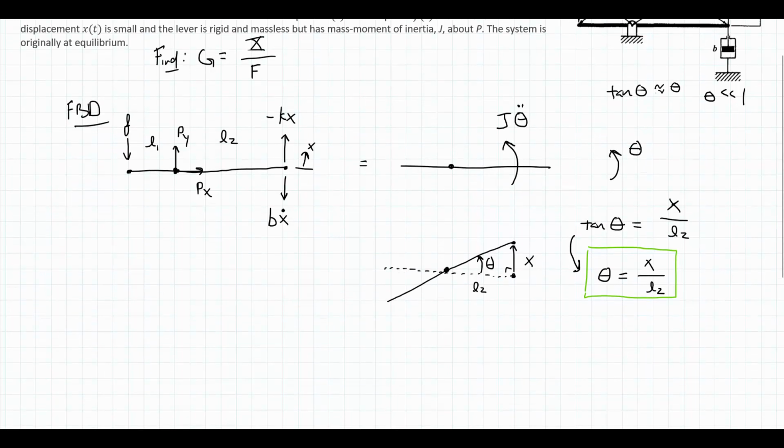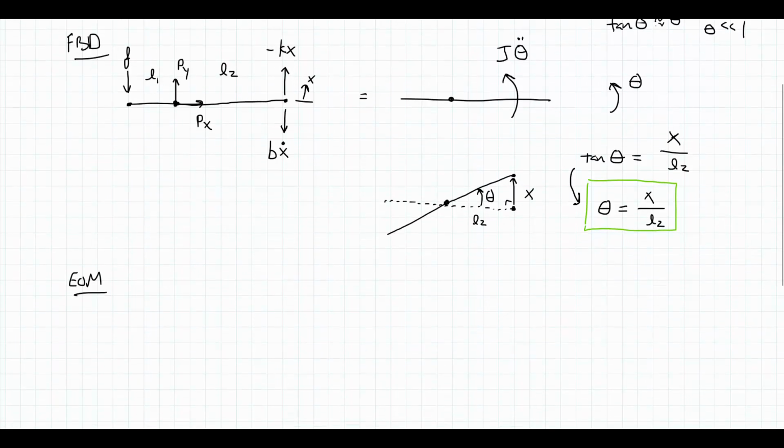All right, so let's look at our equation of motion that comes out of this free body diagram. I can actually get a couple of equations of motion out of this because it's a rigid body. So there can be vertical and horizontal translation, and we can have rotation. I'll start in the horizontal direction, which I haven't defined yet.